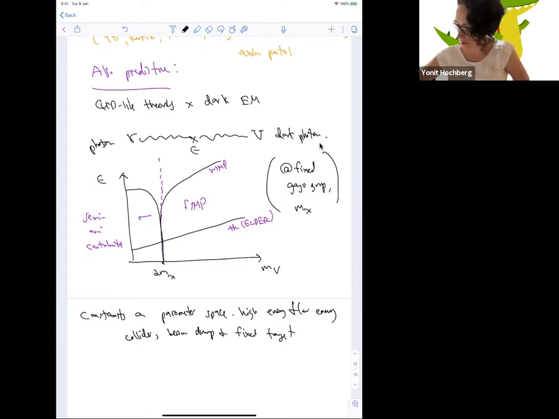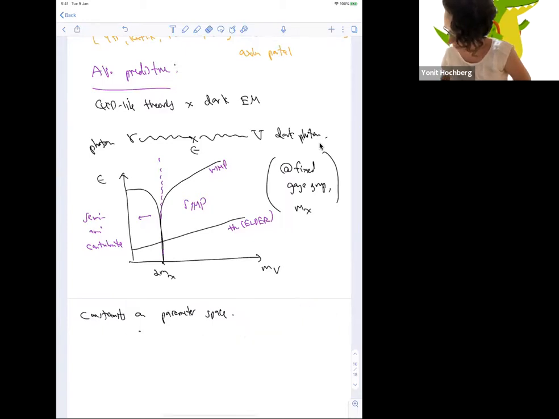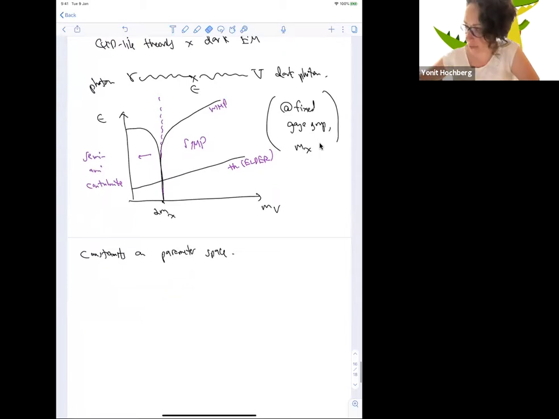We have all sorts of different constraints on this parameter space from the high energy and low energy colliders. And we also have many different future probes.